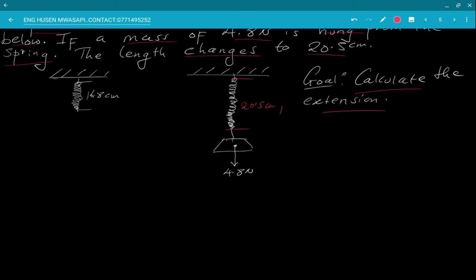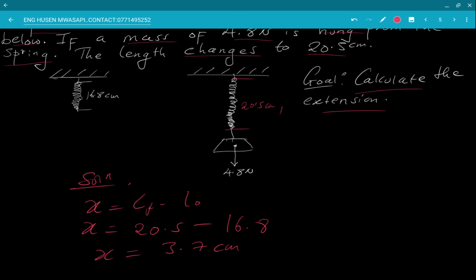So remember this, that extension x is equal to length final minus length initial. Now, what is your final length? Your final length is the length that you got, or the length that changed. So what was the change that we had? That was 20.5 minus the initial length that we had, which was 16.8. Now if you do the math right, you find that your extension is what? 3.7 centimeters.